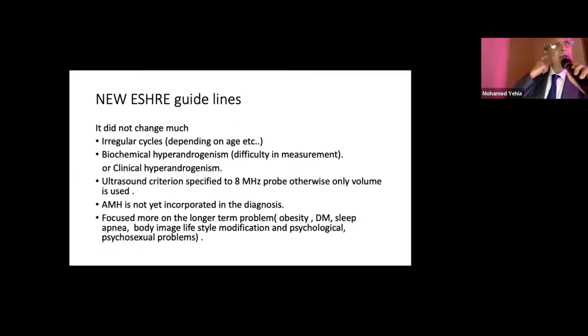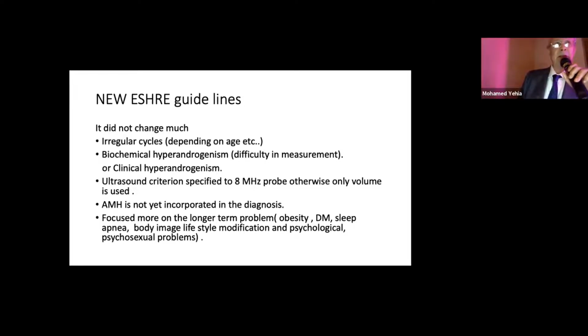A couple of years ago, new ESHRE guidelines came out, and these guidelines actually didn't change much. They spoke about regular cycles depending on the age, and biochemical hyperandrogenism, and had a lengthy discussion about the difficulty in measuring hyperandrogenism chemically, and for that they said that clinical hyperandrogenism is enough.